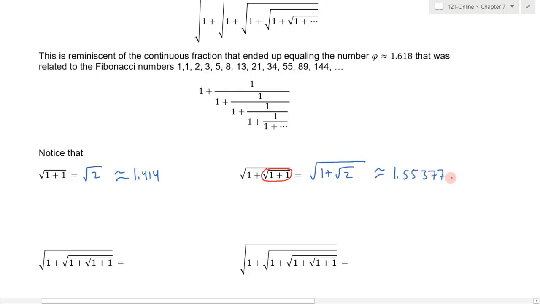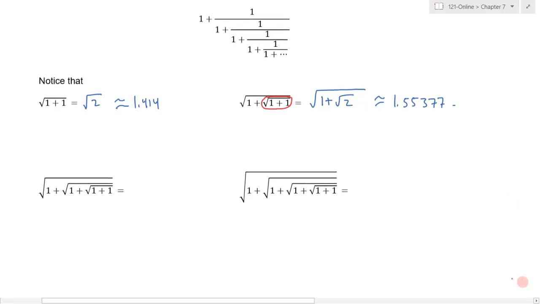And I can continue in this same way. Notice that if I added one more 1 in there, I'd have the square root of 1 plus the square root of 1 plus the square root of 1 plus 1. But of course, all this right here is this very problem we just did up here. I know that's going to equal the square root of 1 plus the square root of 2. It's this number right here, right? So I know that all this is the 1.55377 number.